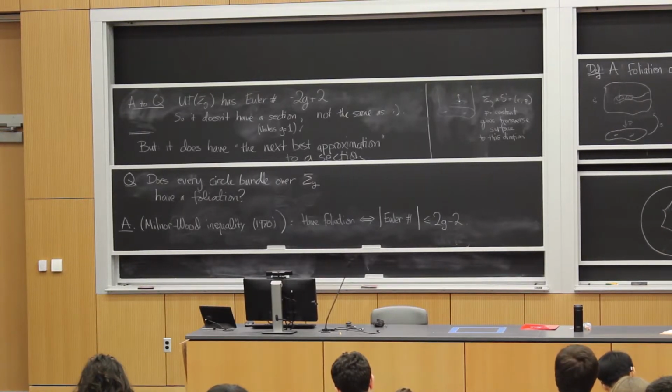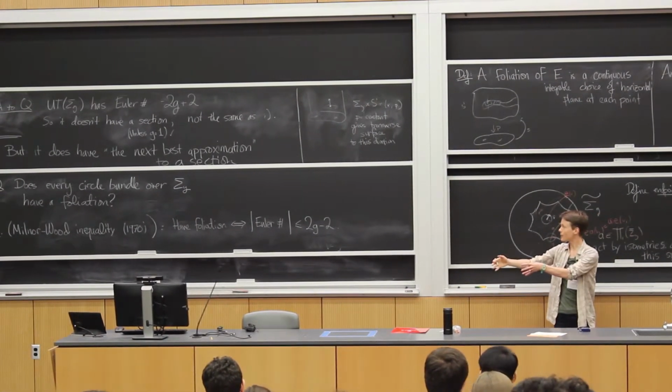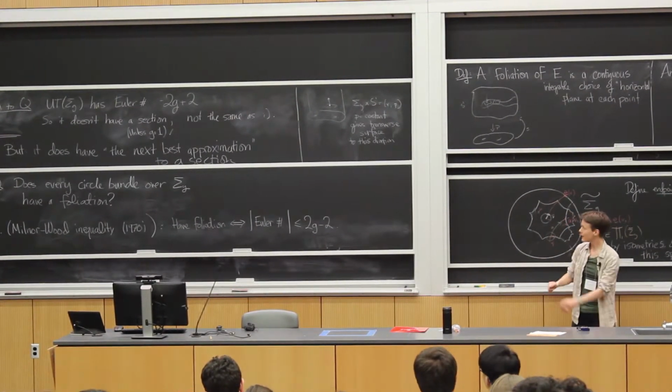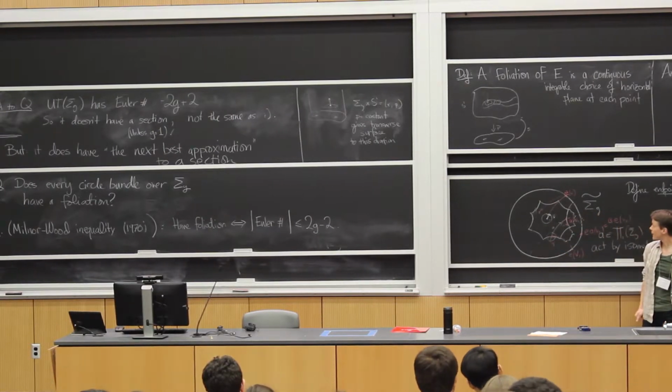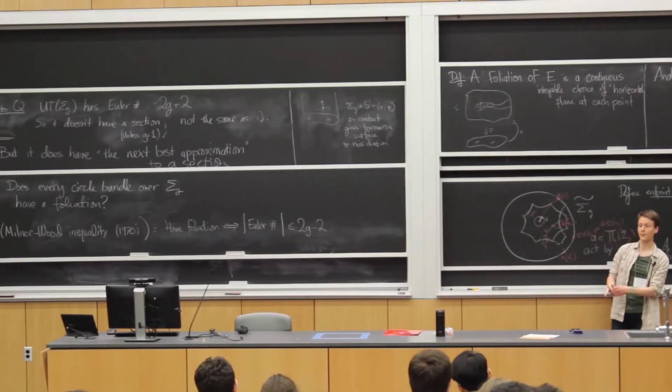So you can build circle bundles with any possible Euler number, but only a finite amount have this nice behavior. And somehow this unit tangent bundle is the most complicated one.